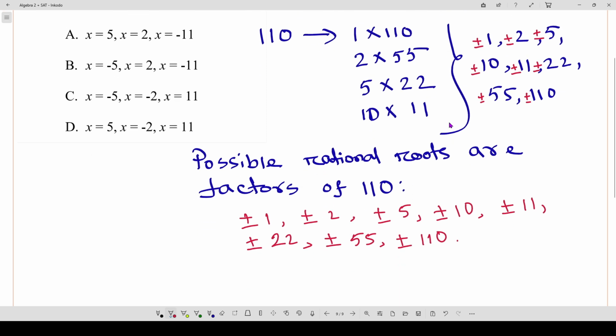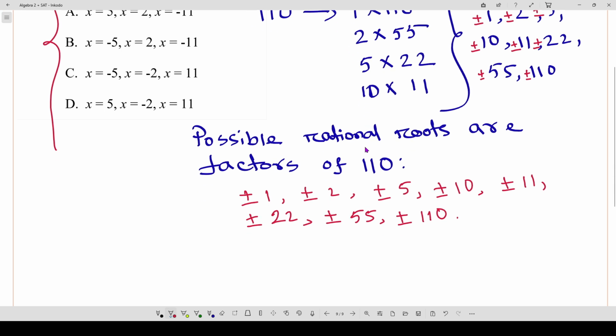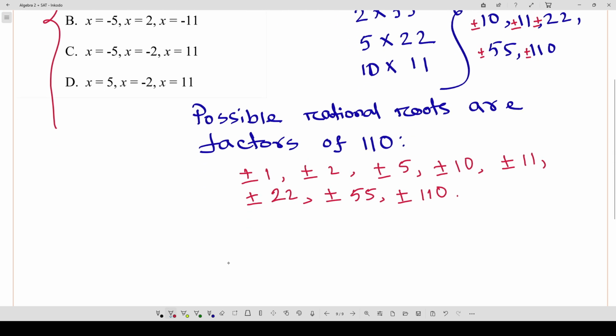Okay, so first we should try with 2, because in the options, look, here are 5, 2, minus 11, but there is no 1. So it's good practice to start with 2.